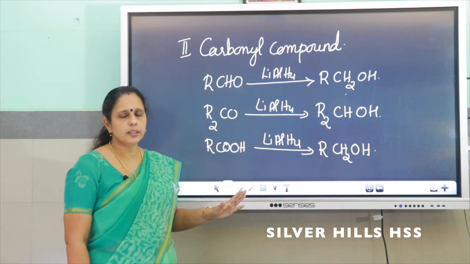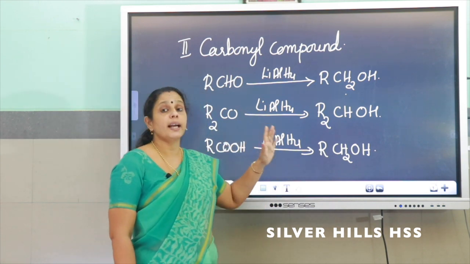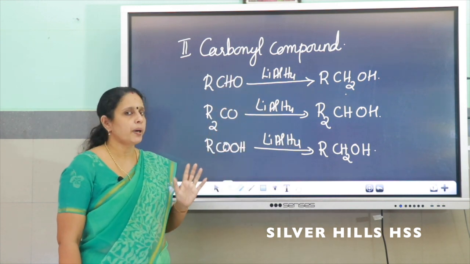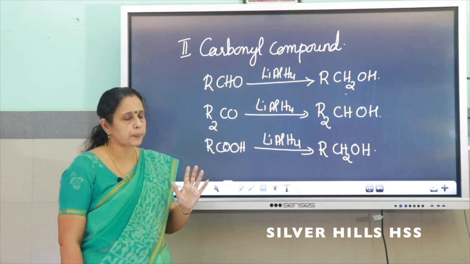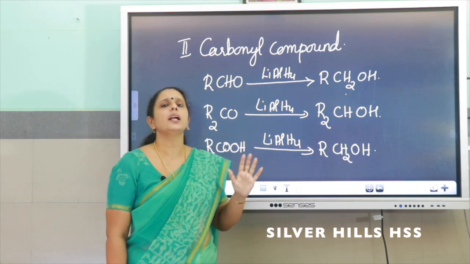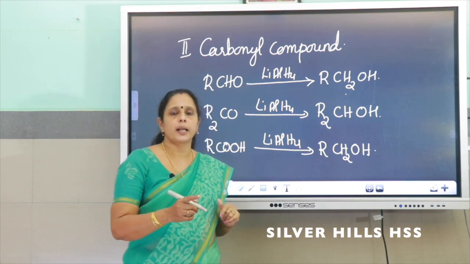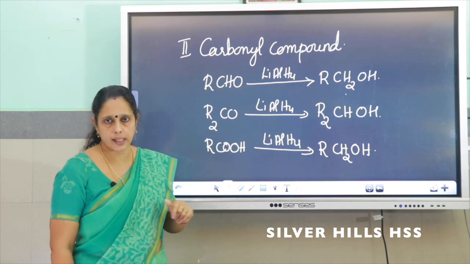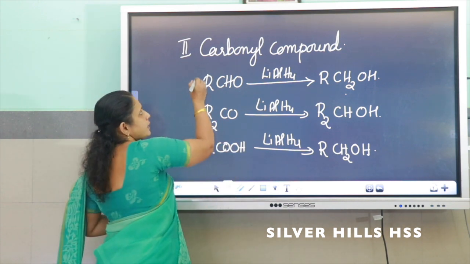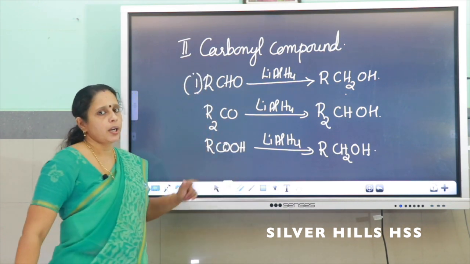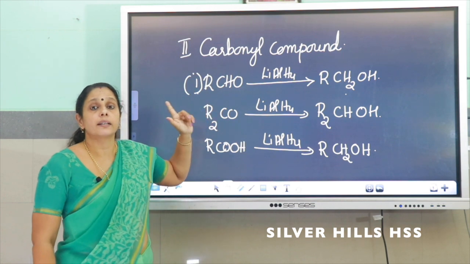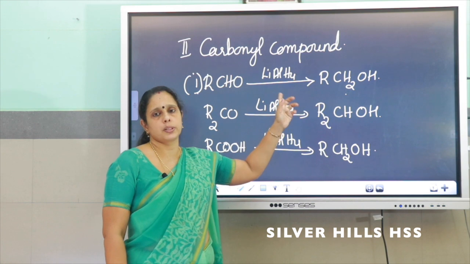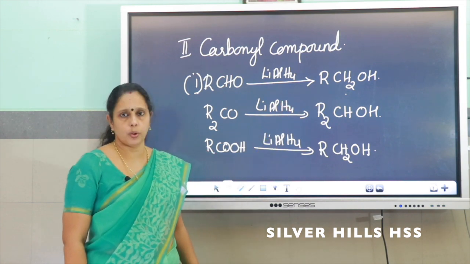By this method, we can prepare primary and secondary alcohols from carbonyl compound. By this method, we can't prepare tertiary alcohol, and this can be prepared by using Grignard reagent, the second method. So, this is the first method, from carbonyl compound by reduction.